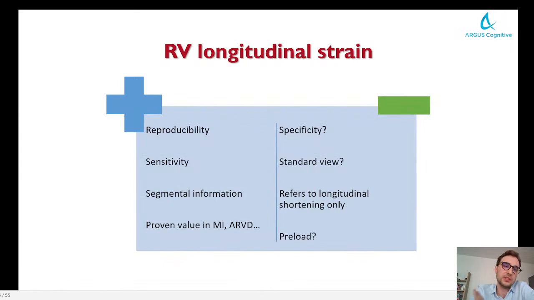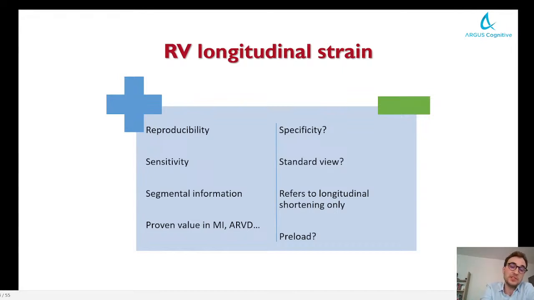The measurement of right ventricular longitudinal strain is nicely reproducible. Software nowadays is quite well comparable. It has a very good sensitivity. Importantly, it doesn't just give us global information, but also segmental information of the ventricle.